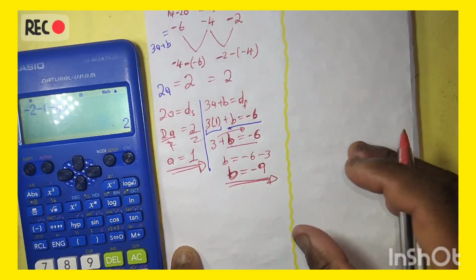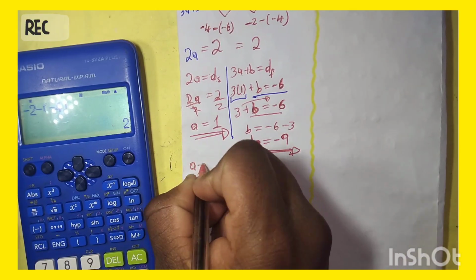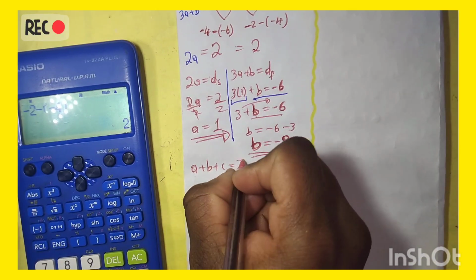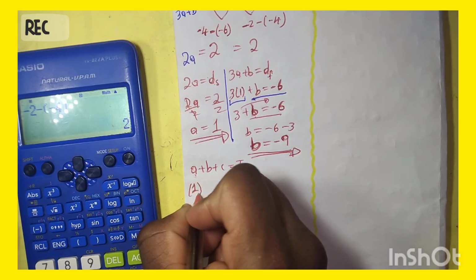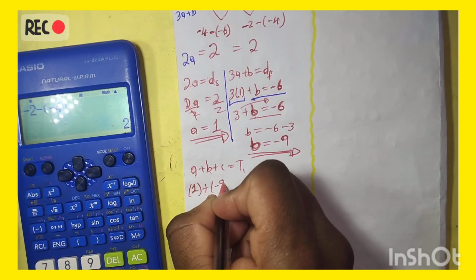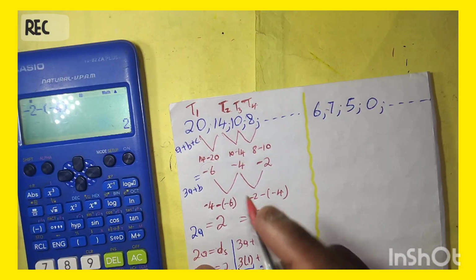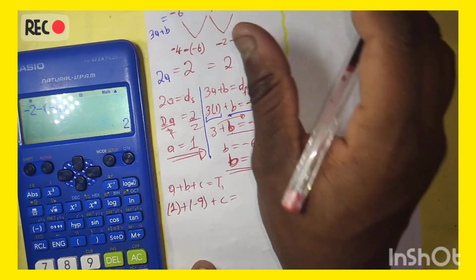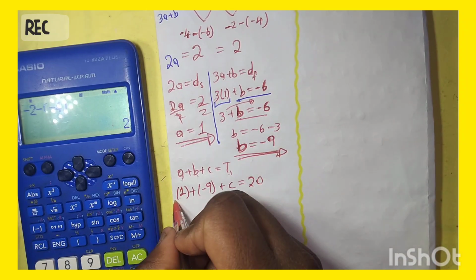Yeah. So now I know the value for A and B. I can just come to this equation now. So I know the A, this one it's A. Then I know the B, this one it's B. Then for the first term, guys, it's there, from the sequence there, then you substitute it here, then you just solve C there.